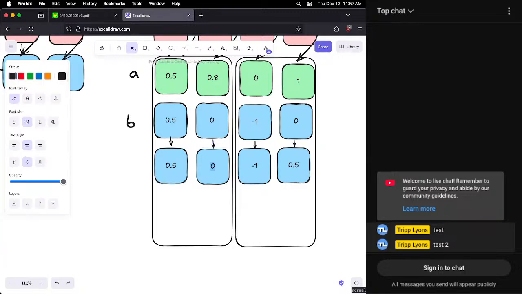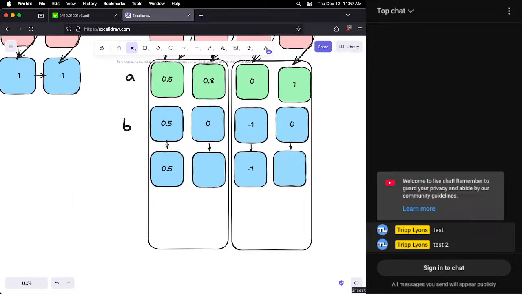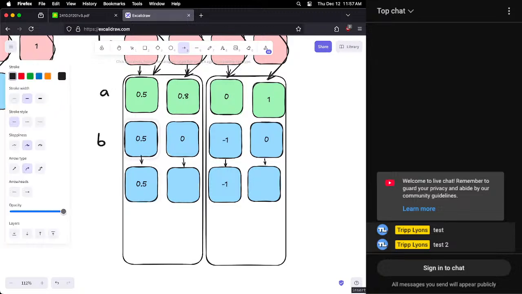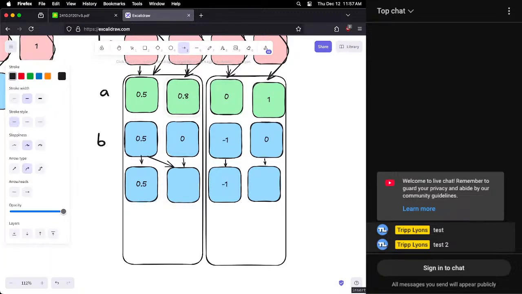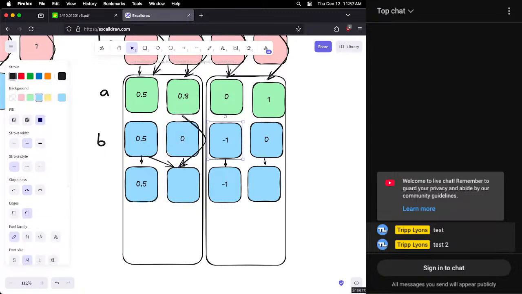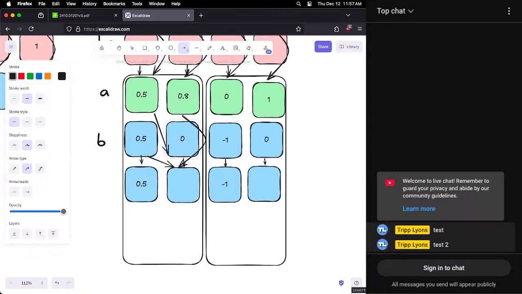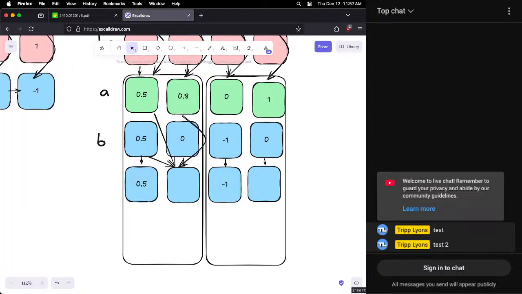Each group of 2 needs to update using all these values. Then this one from here to here. Or no, I guess it doesn't need this one. And then, yeah, it just needs these 3, I think.